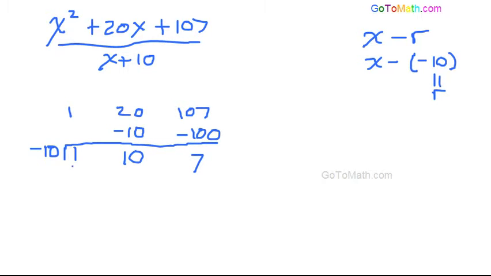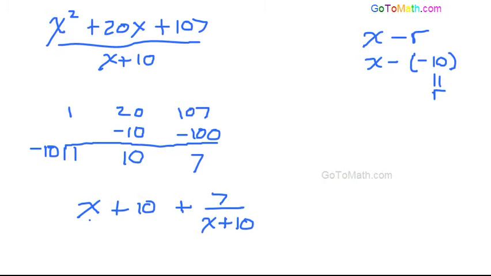Okay. So we're going to end up with an x plus 10, right? These are the coefficients here. This is the remainder. Plus 7 over, and then we have x plus 10, the divisor. Okay. Alright, so there you go.